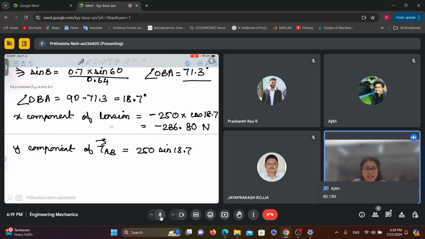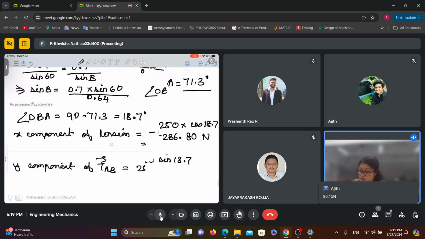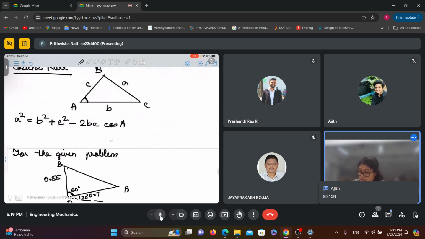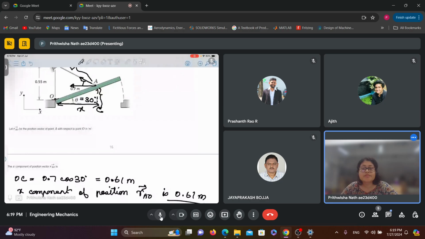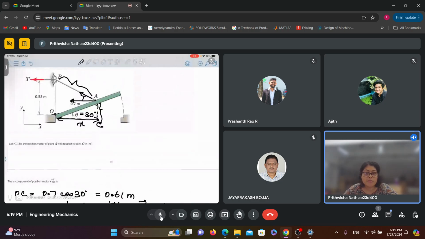Now, can anyone tell me whether the sign of tension should be negative or positive for the y component?